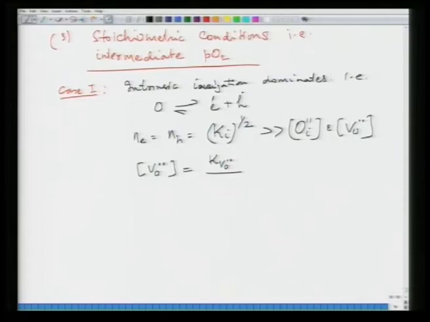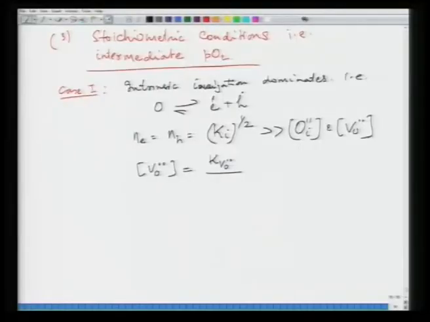Now, here what we are saying is that Ne and NH concentrations are much larger than OI and VO, which means in this expression, which is the reaction for formation of vacancy of oxygen, Ne concentration is no longer governed by VO concentration, rather VO concentration is now governed by Ne concentration. So this expression was VO equal to KVO divided by Ne square, multiplied by PO to the power half.